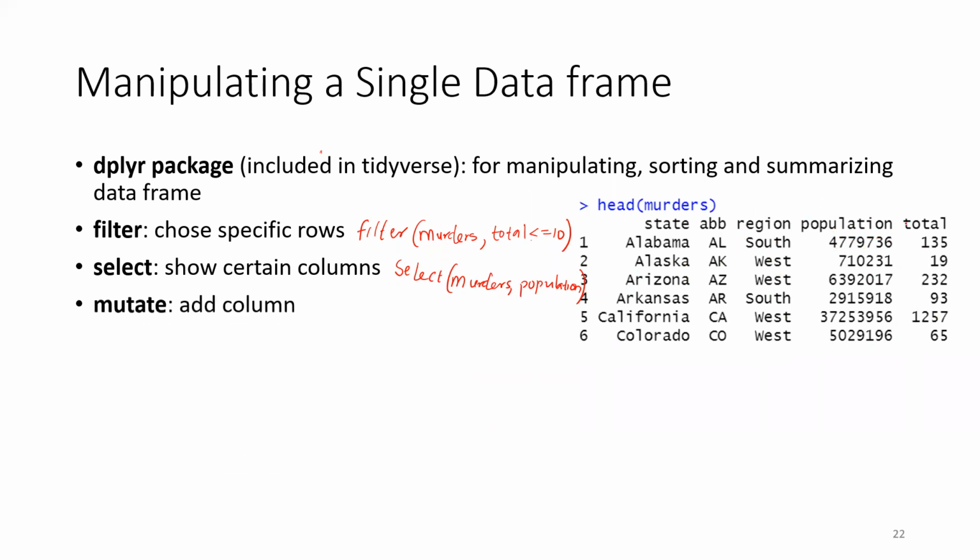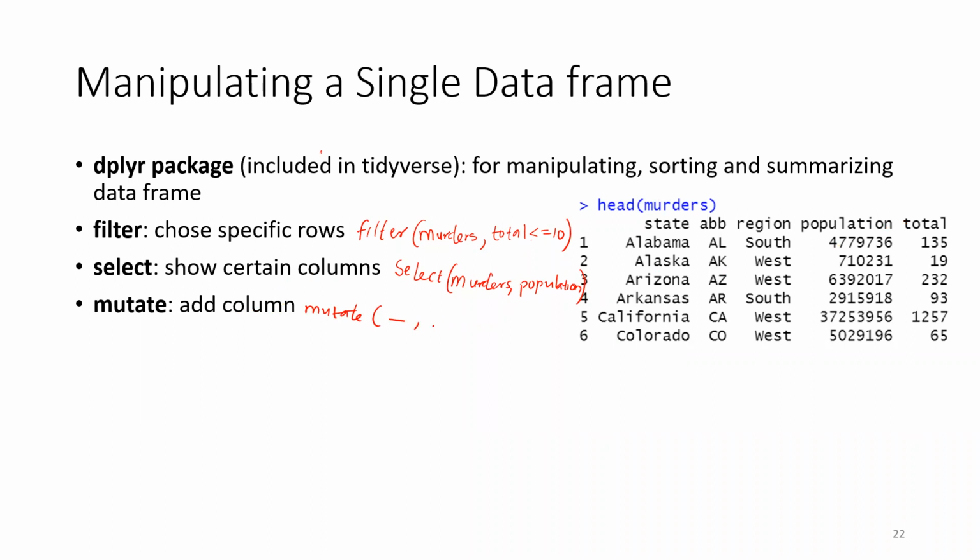Another function is the mutate function. The mutate function is used to add a column. One of the examples you see in the textbook is adding the rate. I'll call the mutate function, then I'll include my data, which in this case is murders, then the new column that I want it to show.